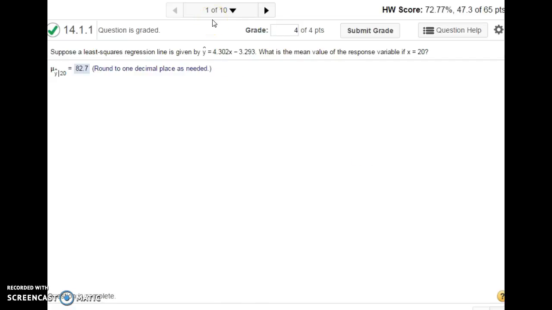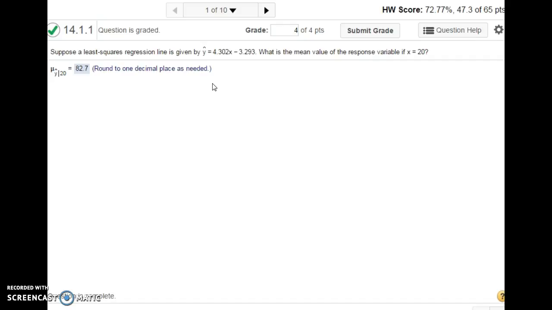For number 1, whenever we plug a value in for x into the least squares regression line, that answer we get back for y is the mean value of the response variable. Because different individuals who have the value x equals 20 are all going to have slightly different y values that correspond with that 20.